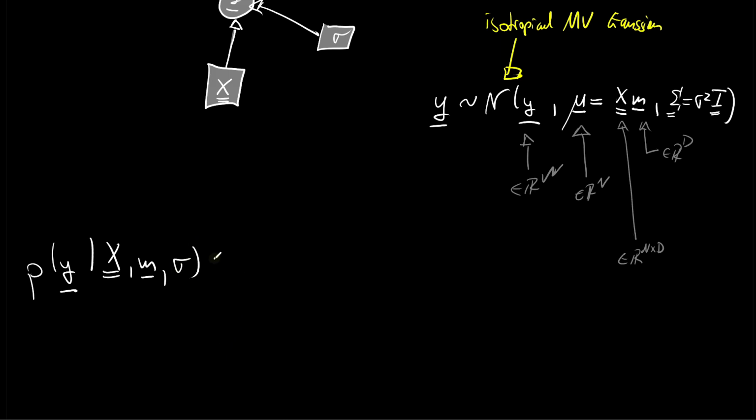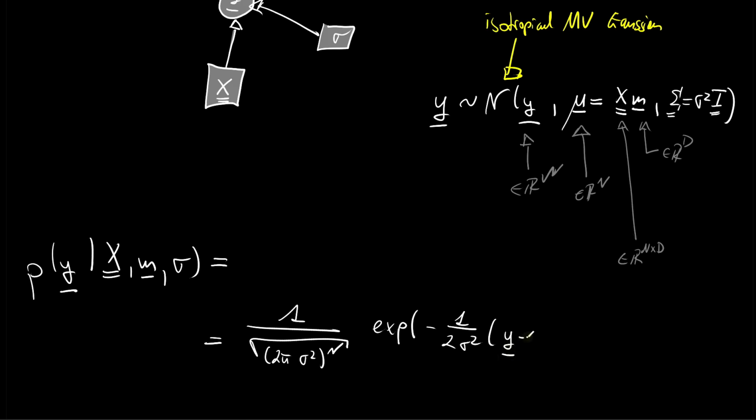And this probability will then be 1 over the square root of 2 pi sigma squared in brackets raised to the power n, multiplied with the exponential of minus 1 over 2 sigma squared, and then vector y minus matrix x times parameter vector m in brackets transpose times y minus xm. So basically the same expression again.